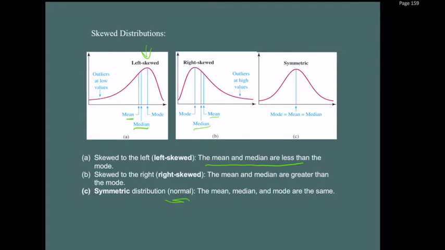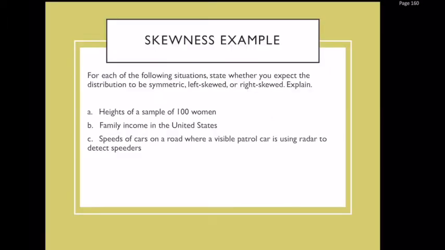So let's take a look at an example. Let's think about skewness for a little bit. For each of the following situations, state whether you think the distribution would be symmetric, left skewed, or right skewed. If we talk about heights of a sample of 100 women, I think that would be pretty symmetric, right?